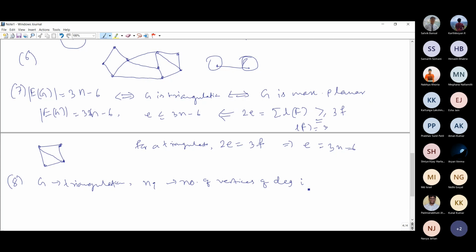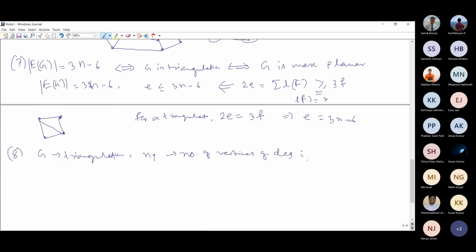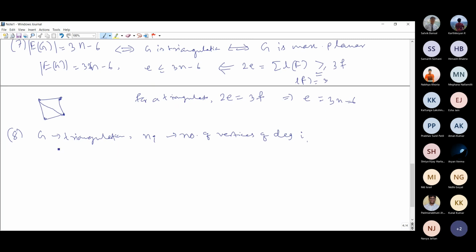Then you have to prove that the summation of 6 minus i times Ni is equal to 12.